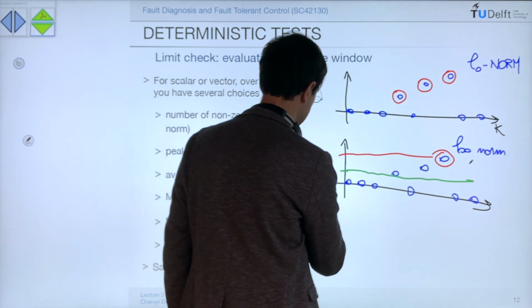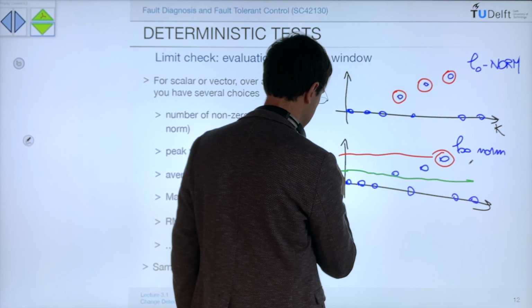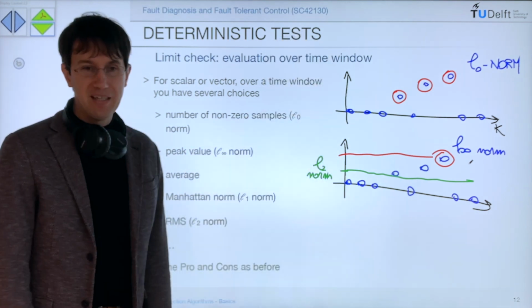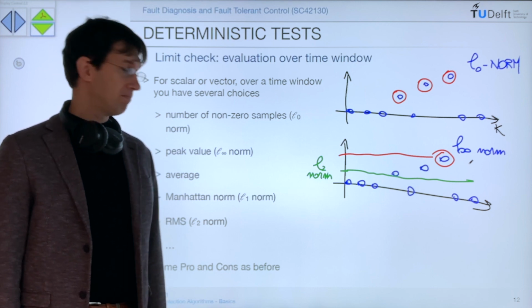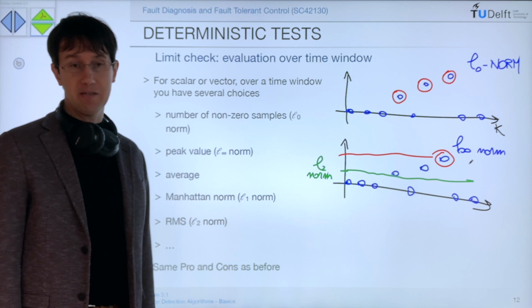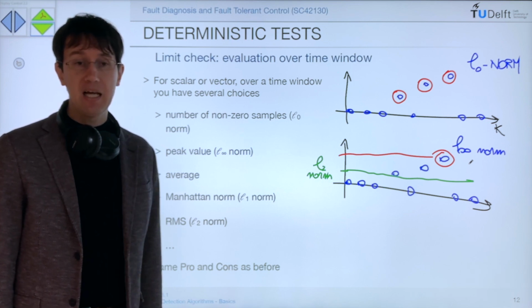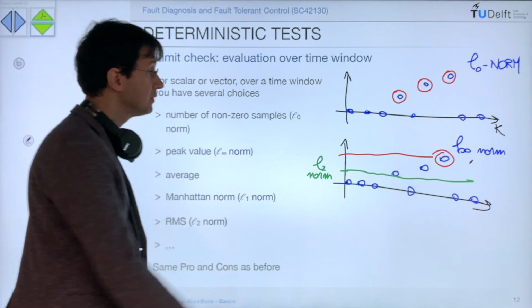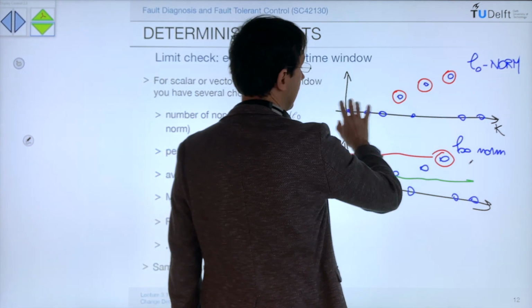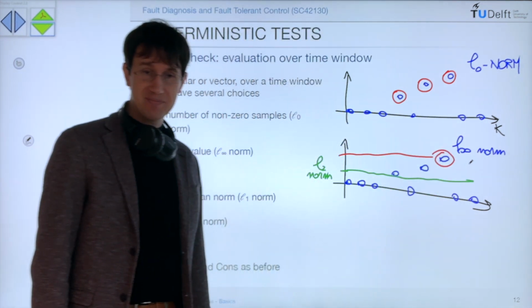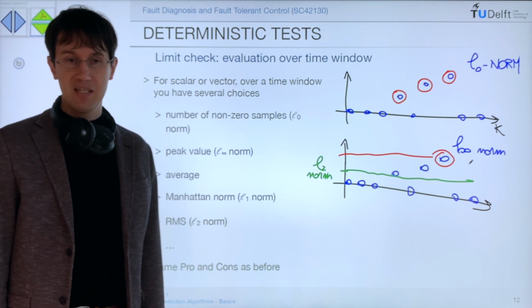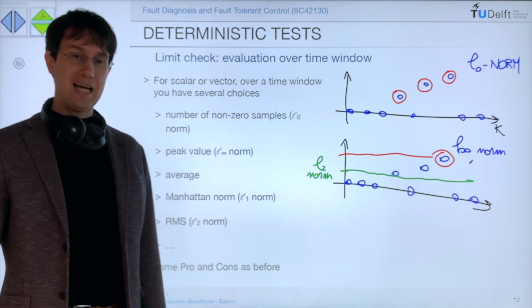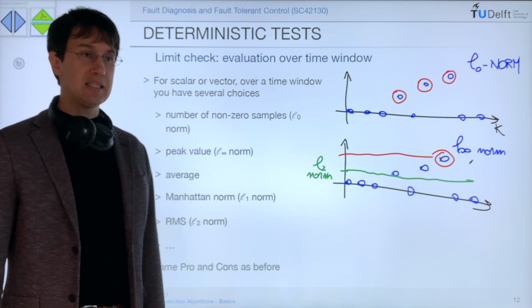This is probably the L2 norm of this signal. Anyway, there are the same advantages and disadvantages as before, because the idea is the same. I take something that has more than one dimension, so over a time window I have so many samples, and convert that to something that is a scalar. So the value of the norm over that time window is a scalar, is again a signal.